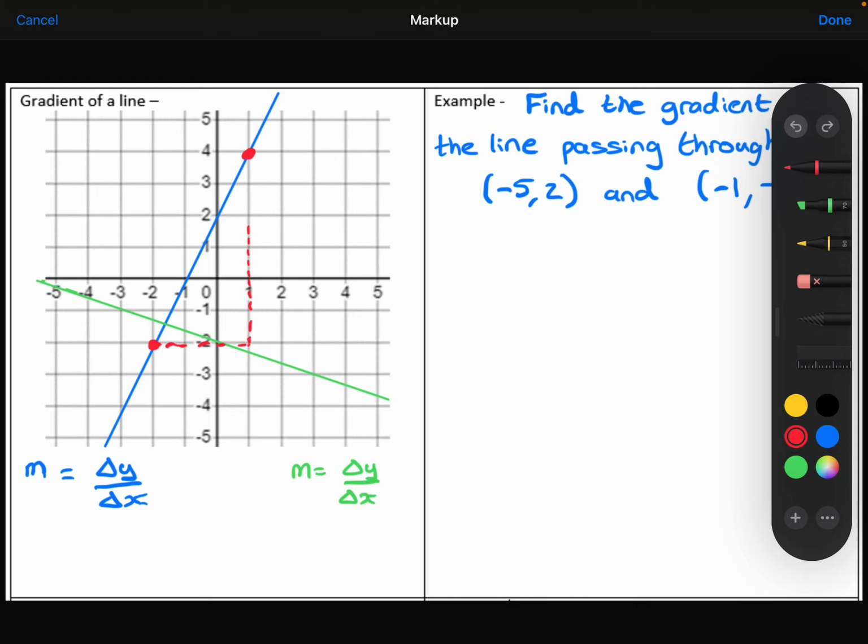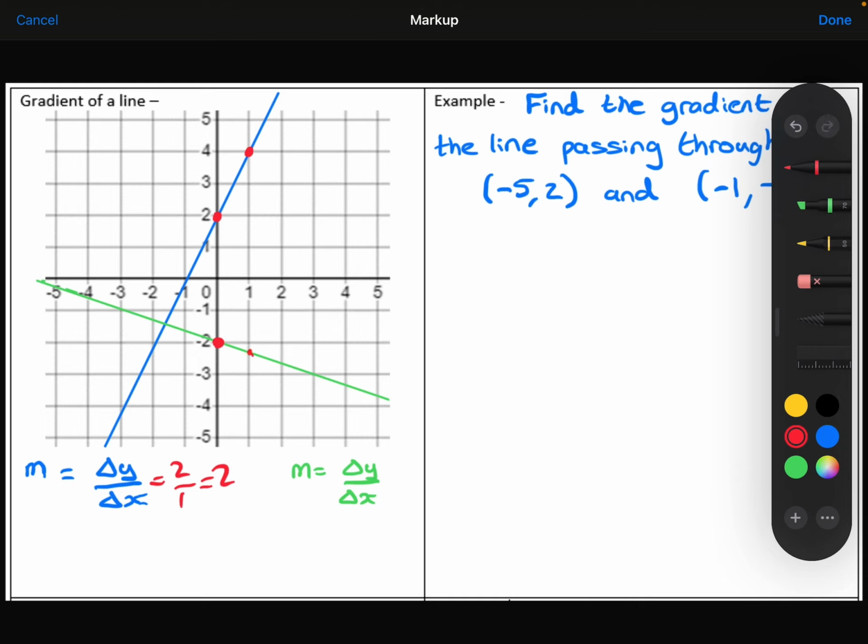Now, I deliberately chose 2 points that were quite far away there. The easier ones to choose, I think, are usually a point on the y-intercept, if you can read it off easily, and a point here. Change in x is 1, change in y is 2, so 2 divided by 1 is 2. It doesn't matter, you can do it either way. For the green line, this point here, and I'm finding another point that I can read off easily.